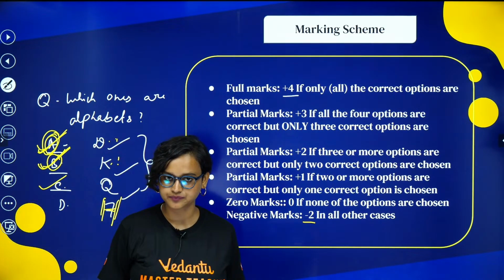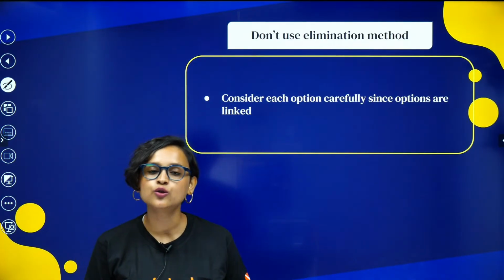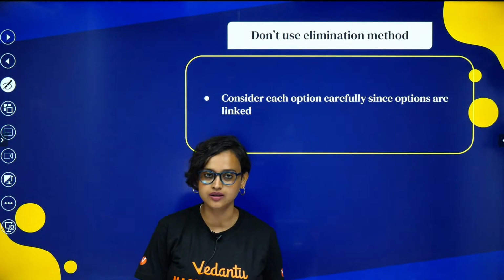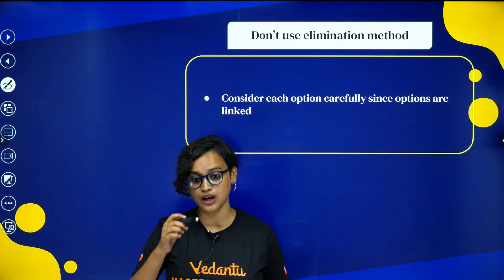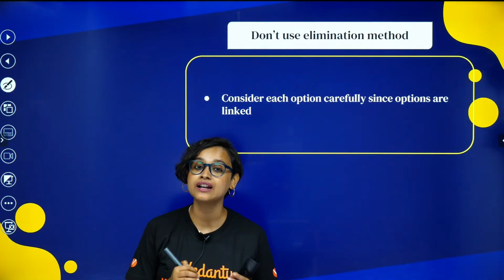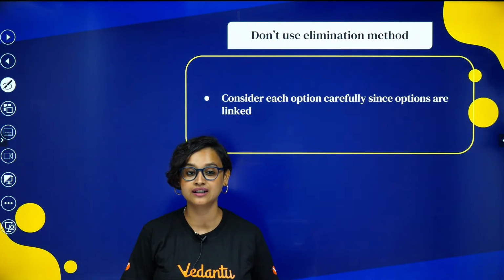Now what you have to understand is, here you cannot just use the elimination method like you do in JEE Mains. In JEE Mains, I know that many of you actually click on the correct answer just by looking at the question.